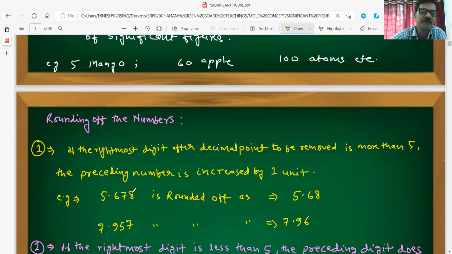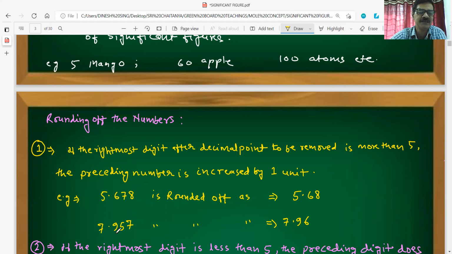If we want to remove this 8, then the preceding number, that is the 7, will become 8, because it has to be increased by 1 unit. So we can round off 5.678 as 5.68.